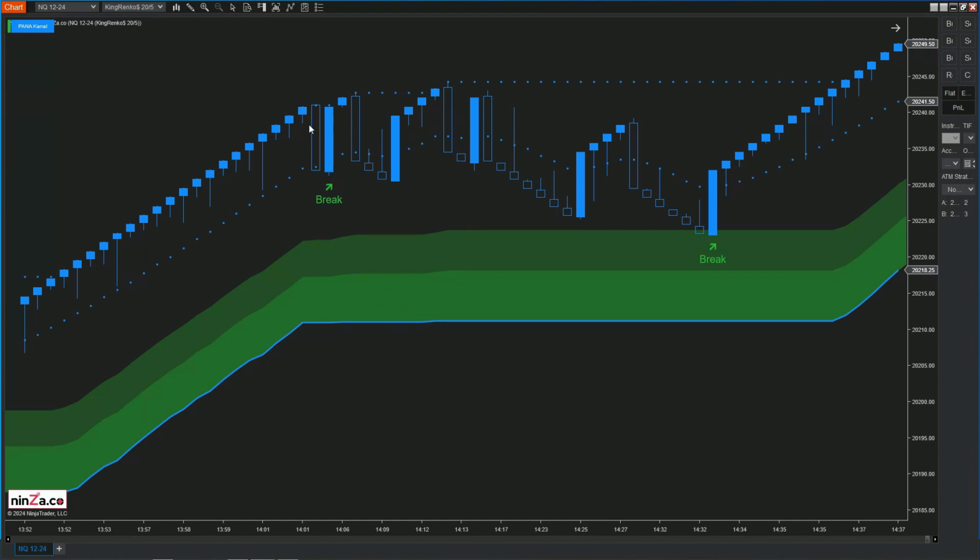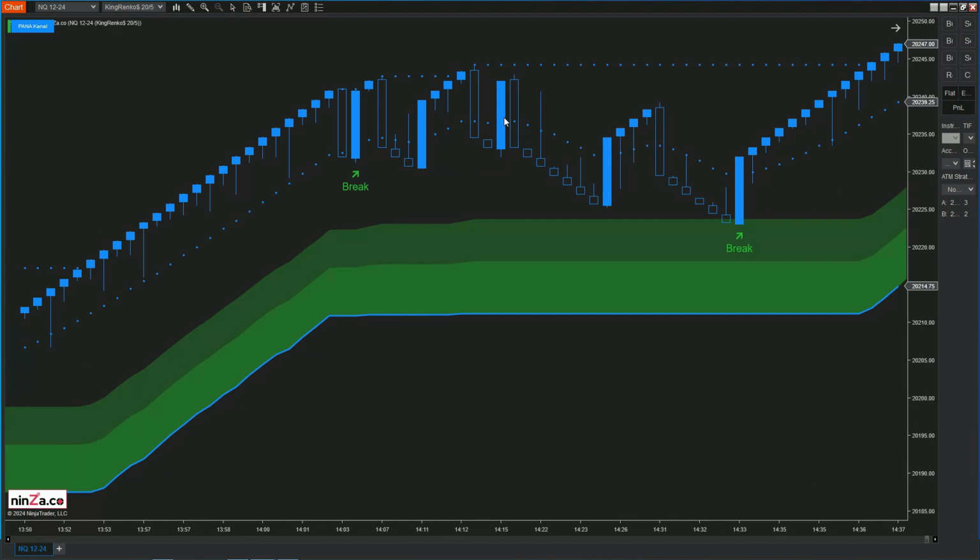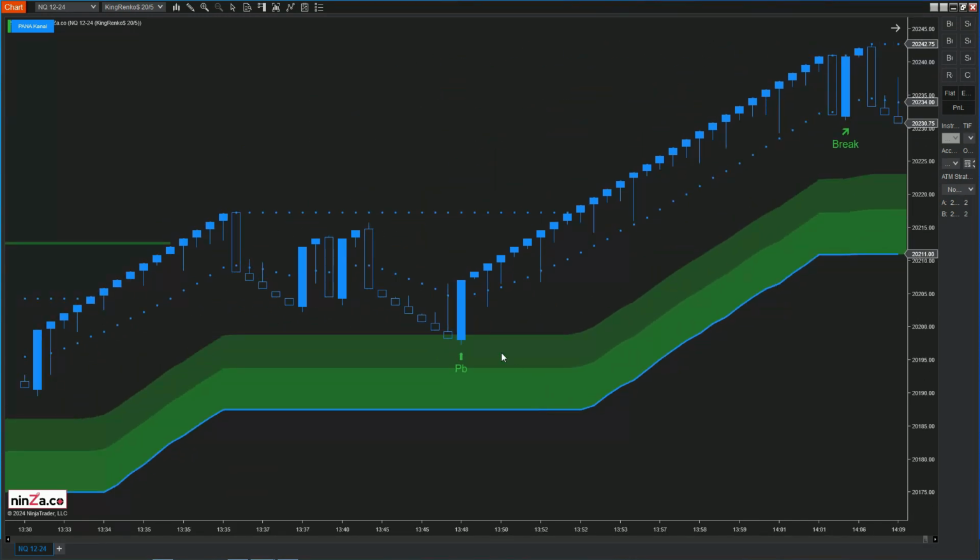So the signal is a valid signal, but to me, the risk is too much. Because as long as price is above the blue line, it's still bullish. My stop would need to be here. It's just too much. Now, yes, it would have been a winning trade anyway, but you don't know it when you're here. So I prefer these kind of trades, signals, like these.